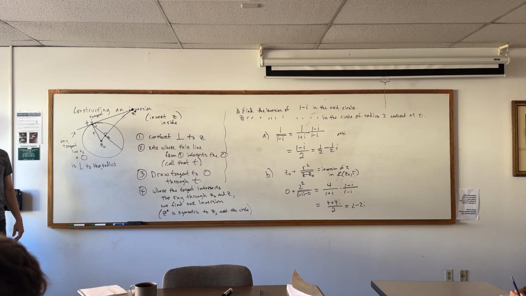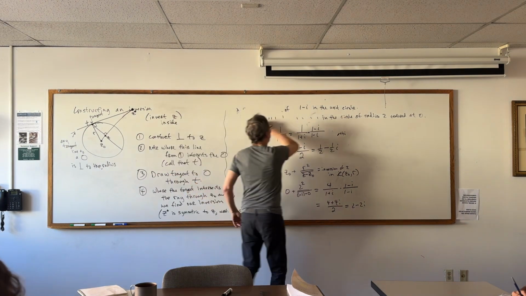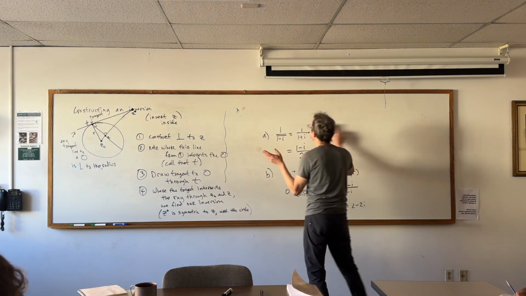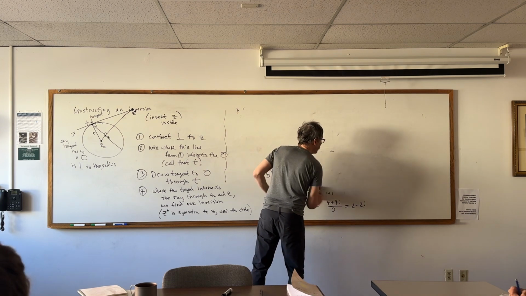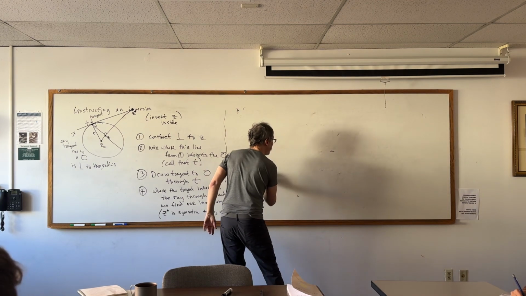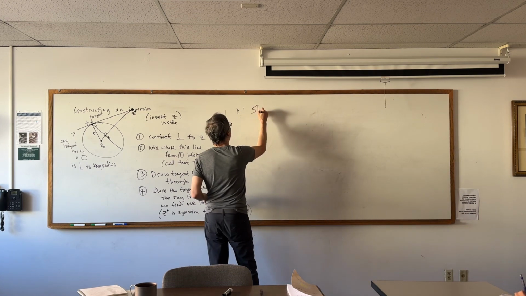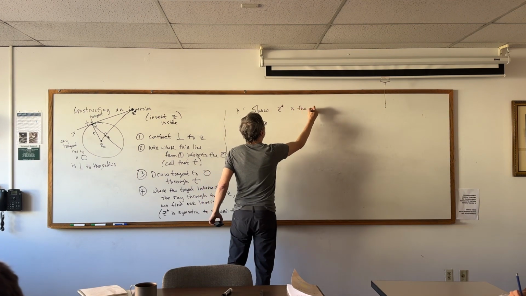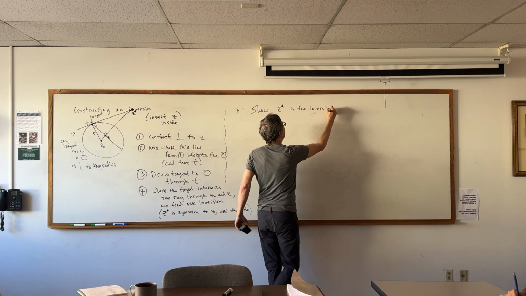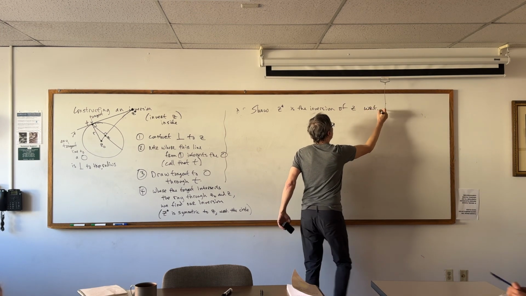Let's slow down and talk about proving things. This is going to be figuring out similar triangles and using similar triangles to put this all together. So show that Z star is the inversion of Z with respect to the circle.